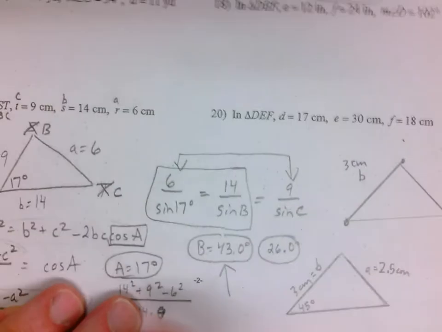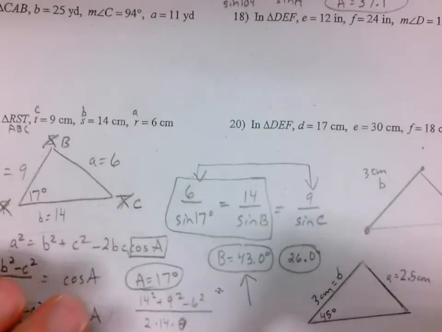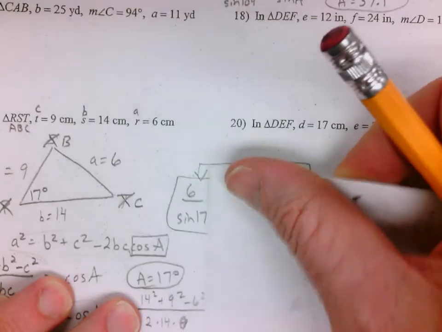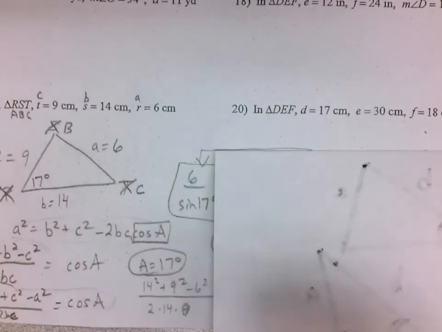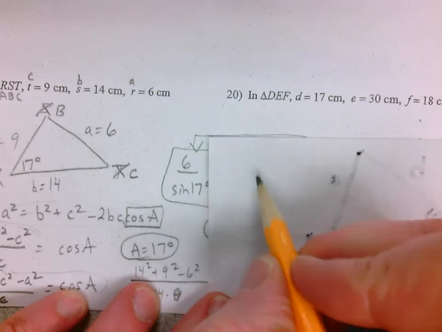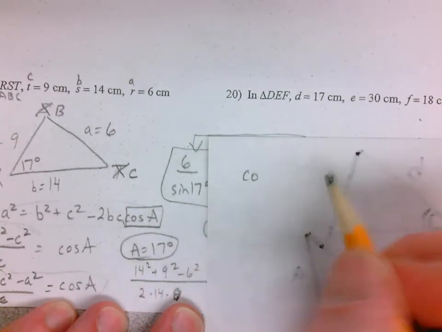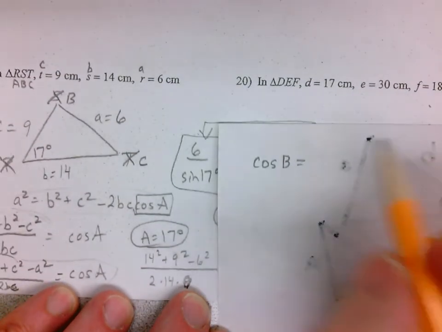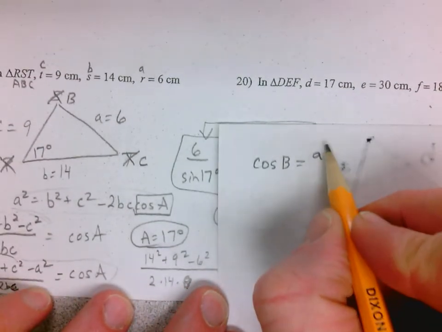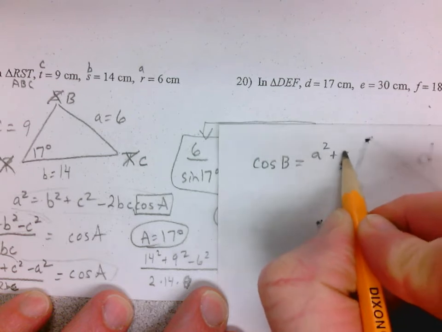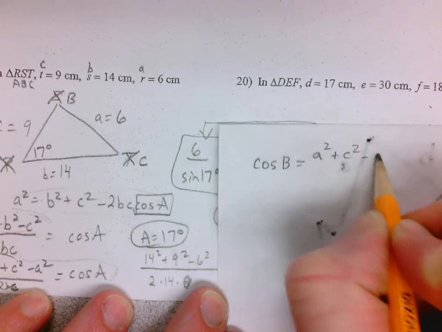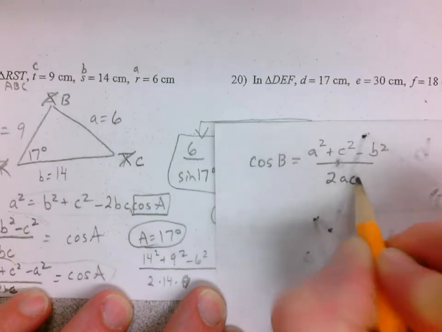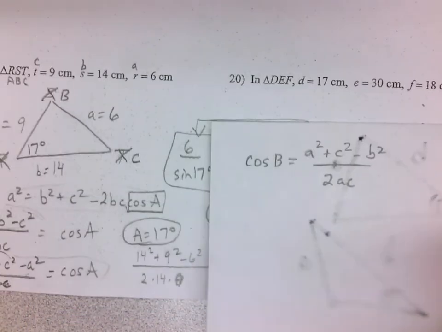Okay, so how do you figure that out? Well, make sure you check all three. That'd be the number one way. We did law of cosines for angle A. Let's do law of cosines for angle B. So following your same pattern, cosine of B equals A squared plus C squared minus B squared all over 2AC. I'm just reversing the pattern around.